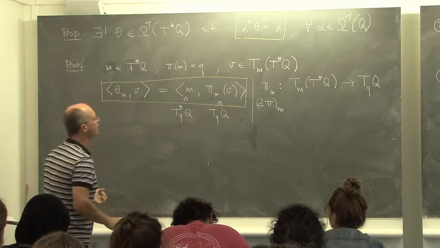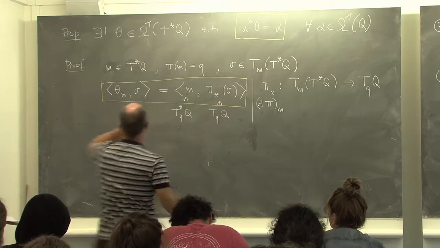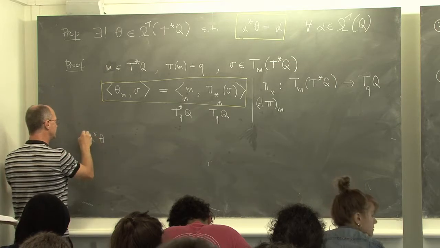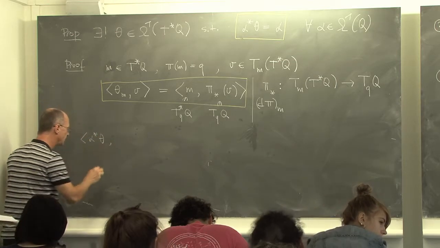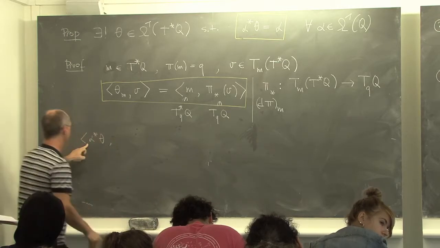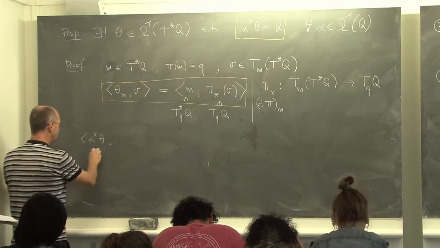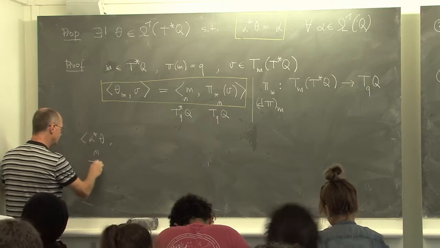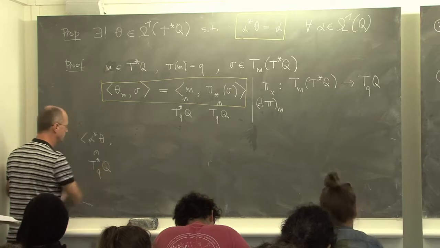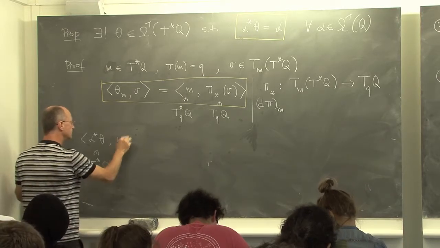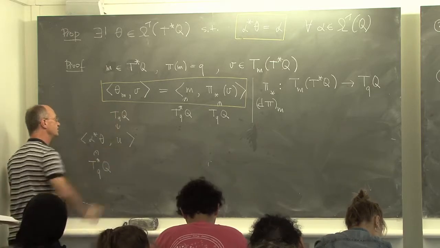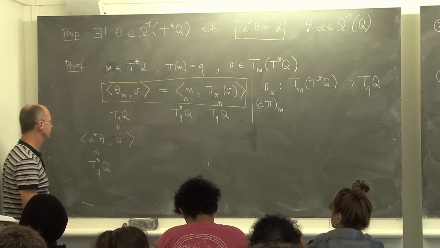So I take alpha star theta. And this is now a one form on the base, and it lives in T star Q of Q. So I should pair it with a vector from the tangent space.